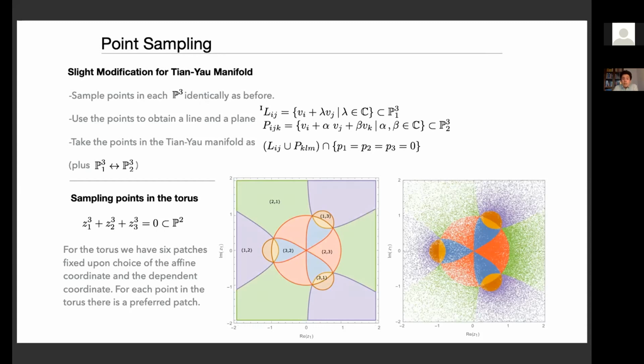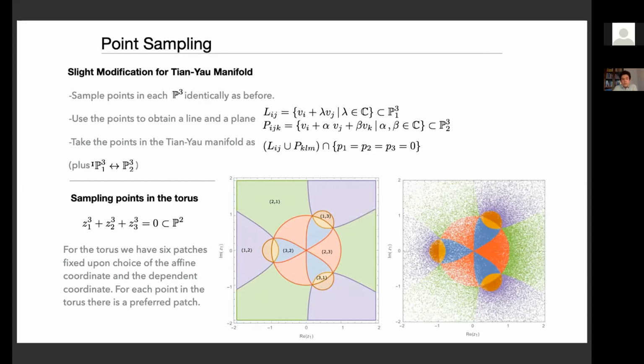But in one P3, we take a line, and in the other P3, we take a plane, such that we have enough parameters to solve for the 3 equations. And then the points that we sample here are the points that lie in the line and in the plane that satisfy the defining equations of the Tian-Yau.